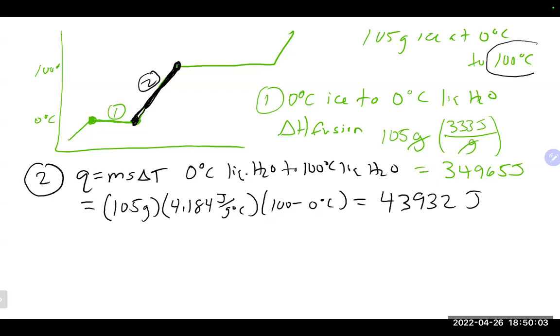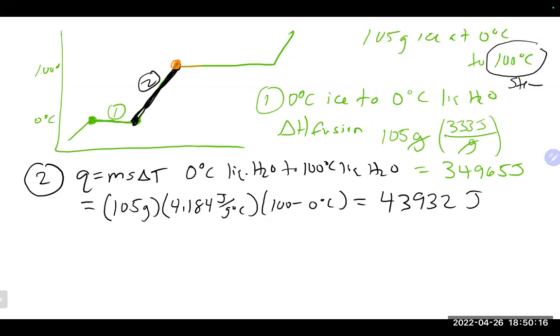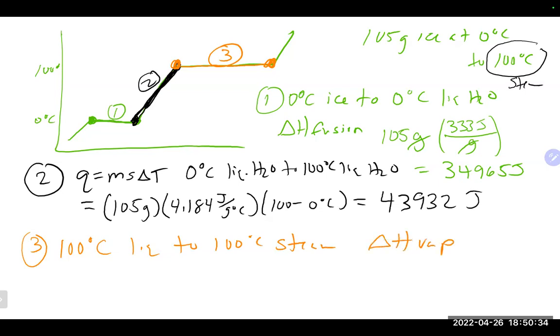I'm close to where I want to end, right? I do want to end at 100 degrees steam, but right now I am sitting at 100 degrees liquid water. So the last thing it has to do is one more phase change, which would take me from 100 degrees liquid water to 100 degrees steam. That would be the heat of vaporization that's necessary to do that.